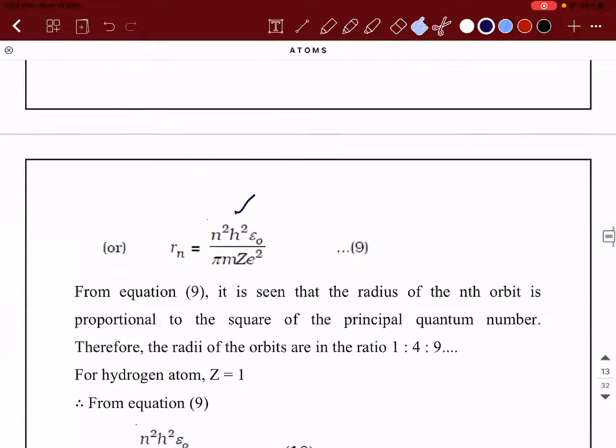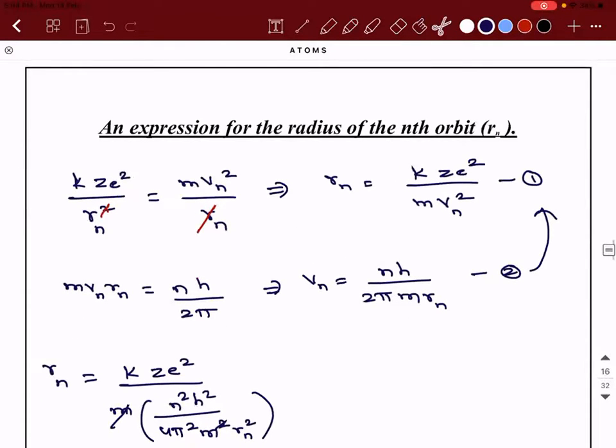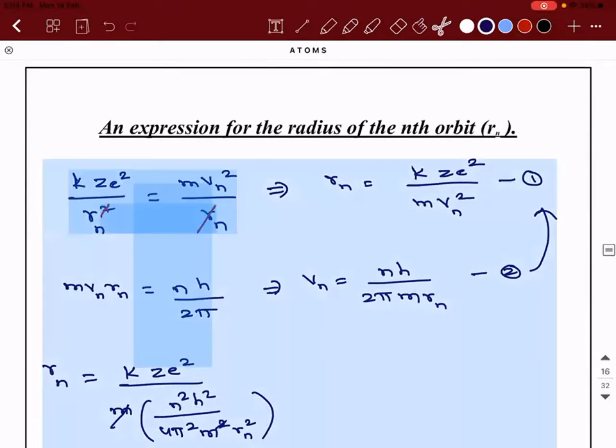Now listen. So we will see an expression for the radius of the nth orbit.